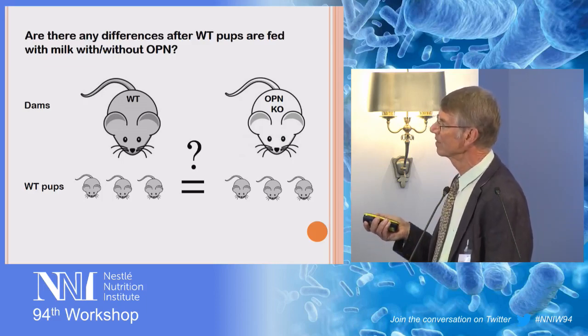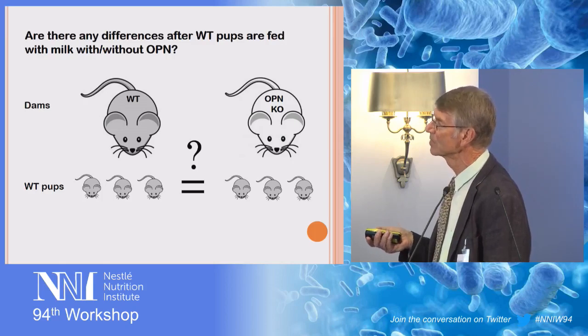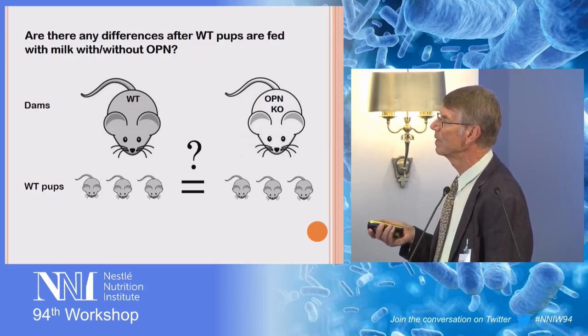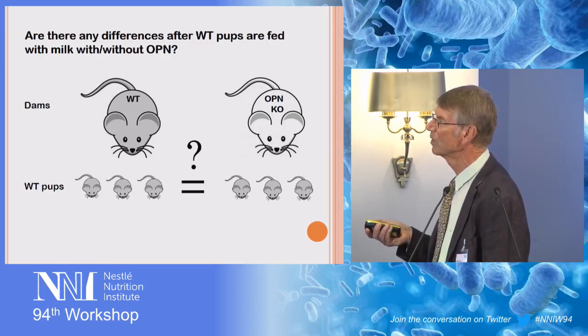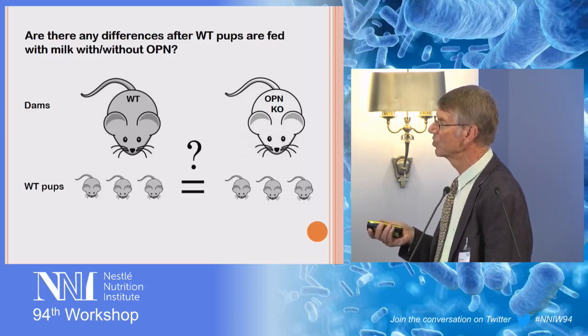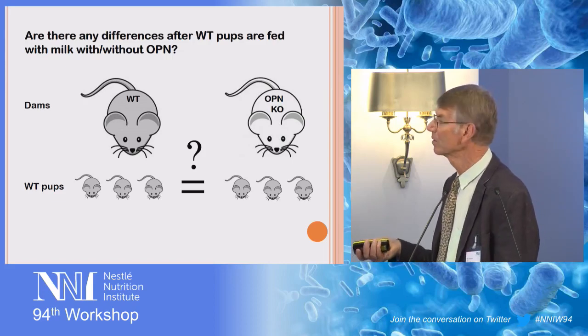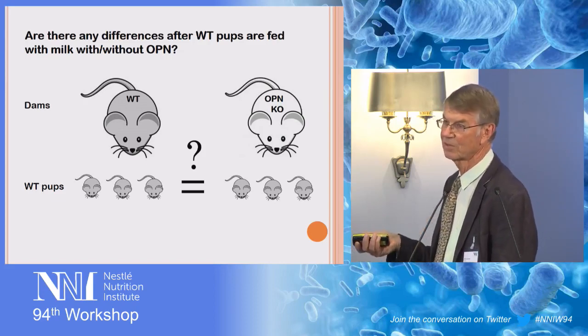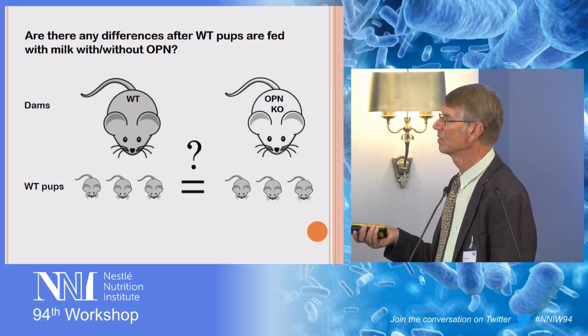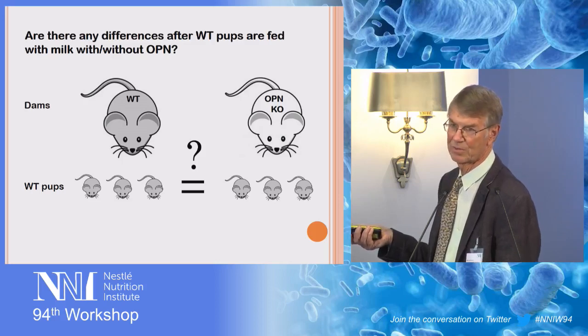And then we had knockout dams that produce milk which is totally void of osteopontin, and she fed normal wild-type mice. So they have the capacity to endogenously synthesize osteopontin in all tissues, just like normal, but they don't get that source of milk osteopontin.